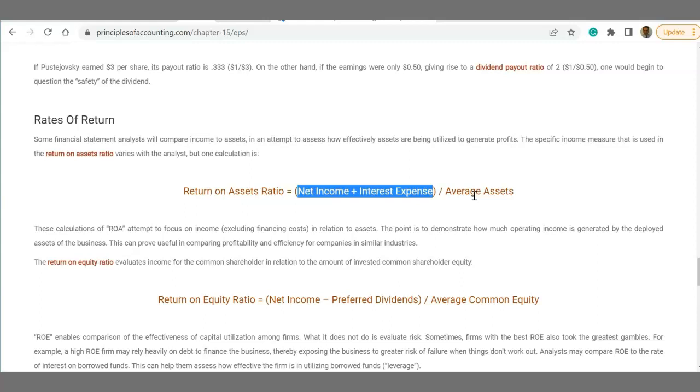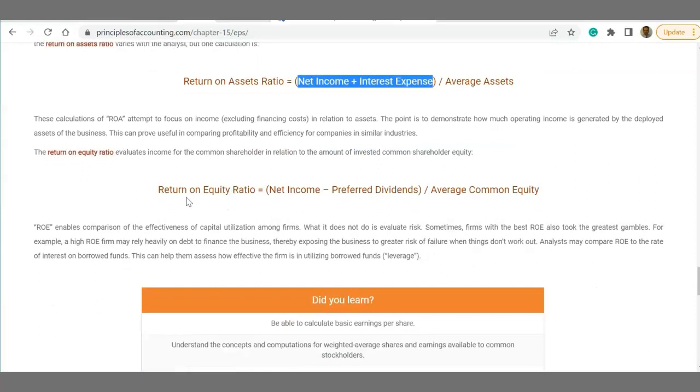In some cases, we calculate this as average operating asset. Operating assets are PP&E, property, plant, and equipment. Or you can just go with average asset if you like. That way you know how much is the return on every $1 of asset.